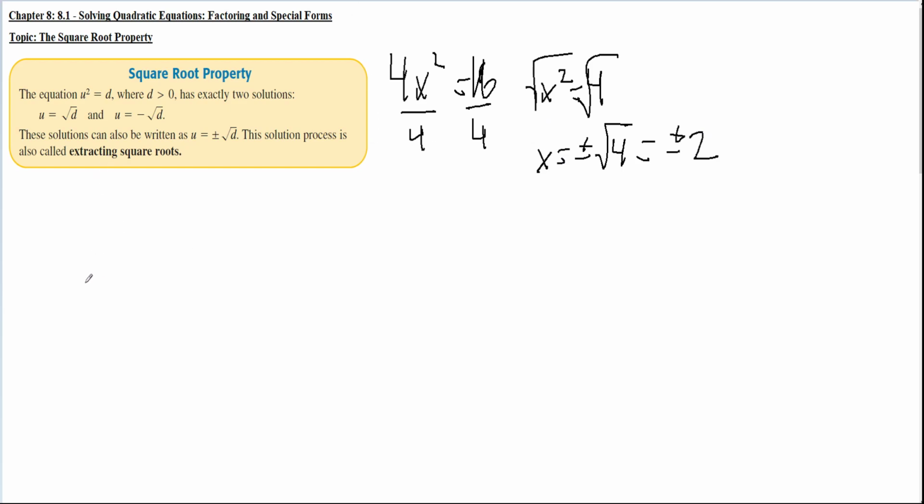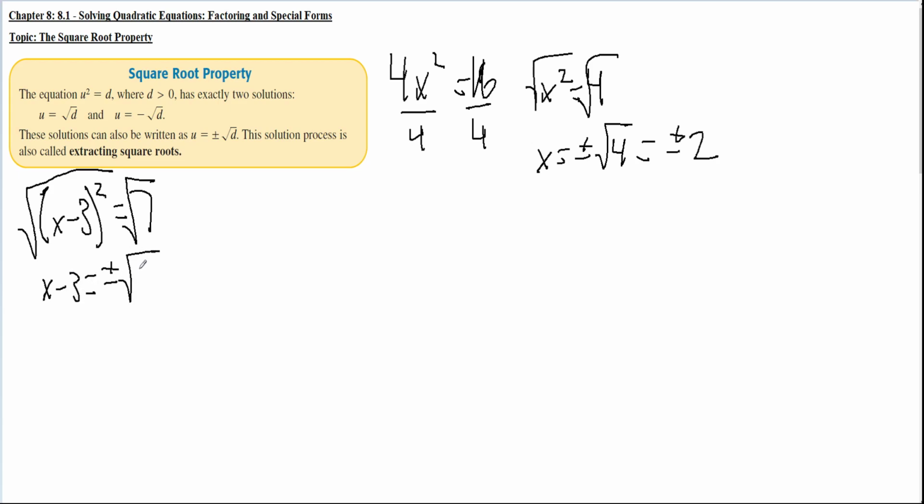Another example is if we had x minus 3 squared equaling 7. Now what we have to do is take the square root of both sides. So we have x minus 3 equaling plus or minus the square root of 7.